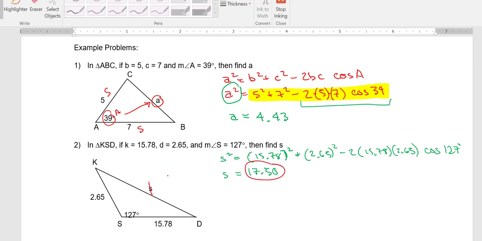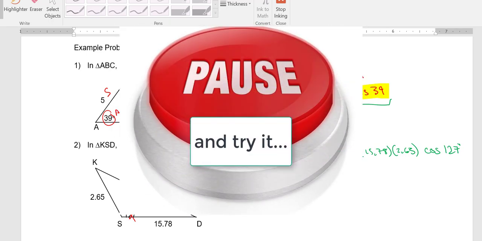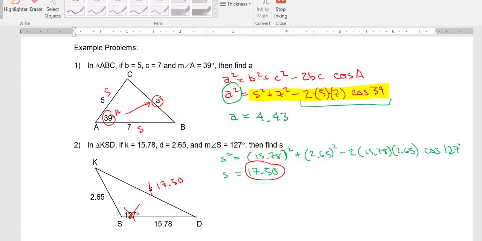And then what I want you to do next is say that, okay, this is 17.5. Let's pretend that we don't know that this is 127. And let's pretend we're trying to find that angle that's 127. Well, you would use the same thing except this would be here, and instead of 127, you would have angle S right there. And then it just becomes a matter of solving this thing properly.